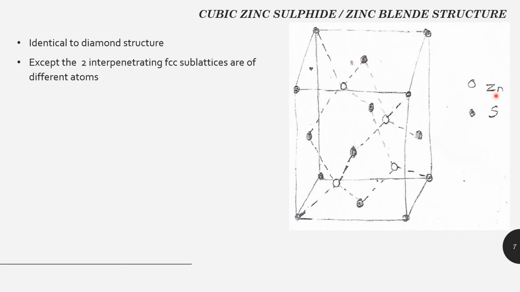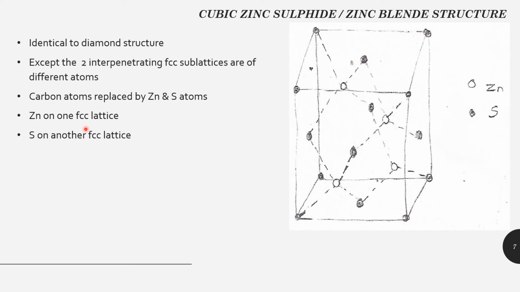One is that of Zn and the other is of S. So the carbon atoms are replaced by Zn and S atoms. Zn is on one FCC lattice and S is on another FCC lattice. These are the examples of materials that exhibit this kind of structure.